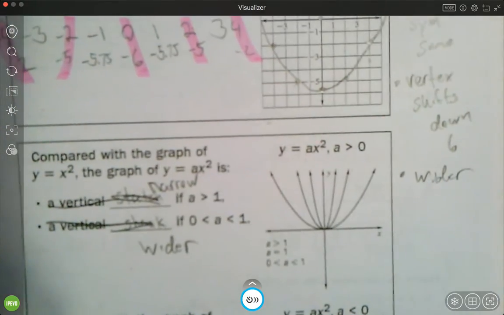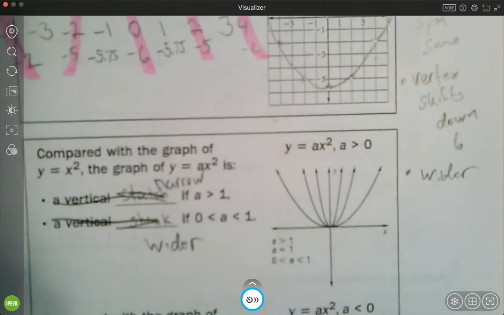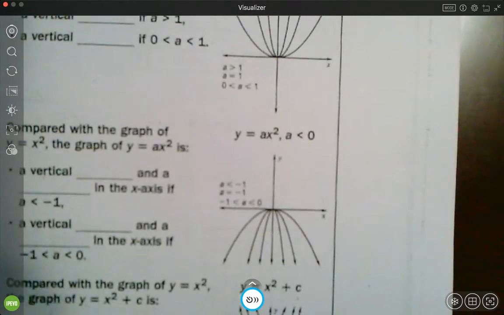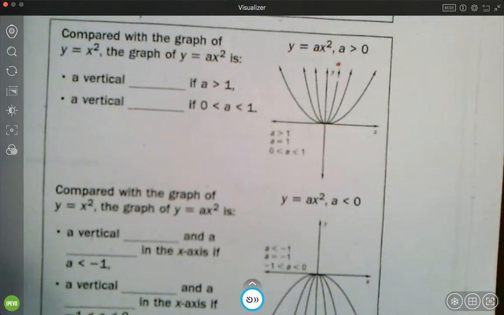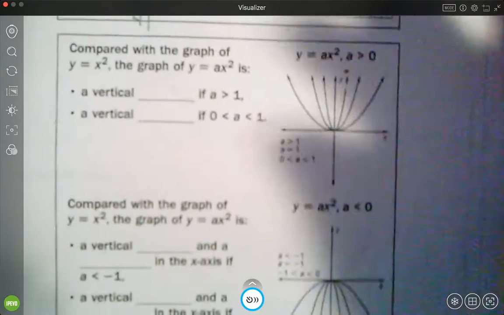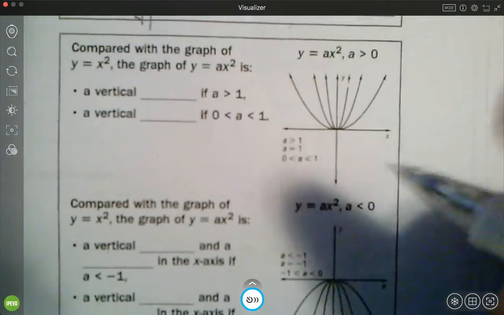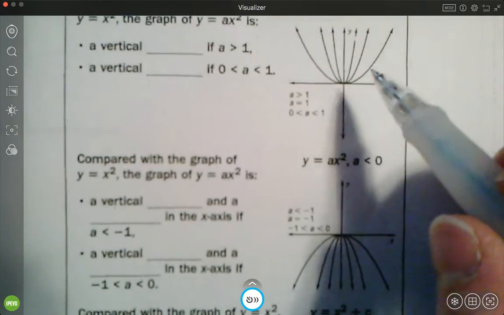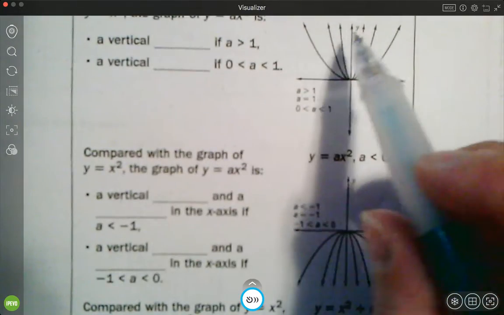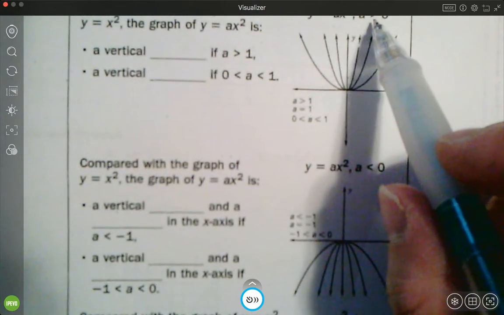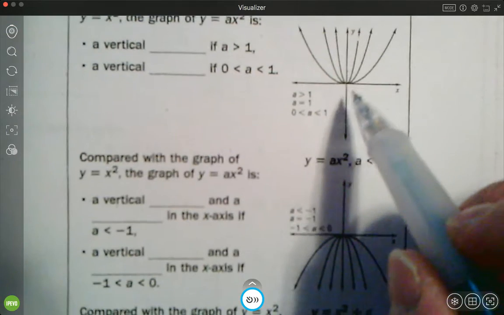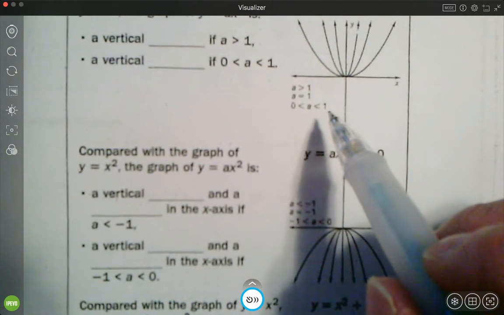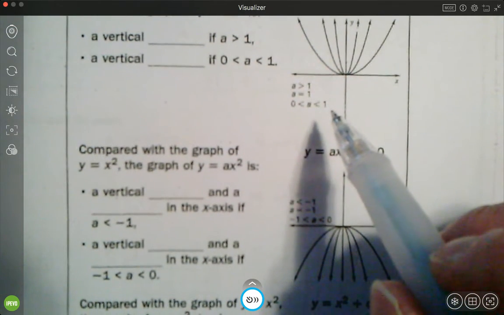All right, so the last graphic here I really like. I think this does a really nice job. When you compare it, if A is greater than 0 but less than 1, let me double check this part.